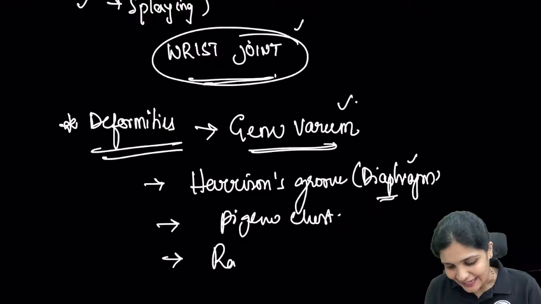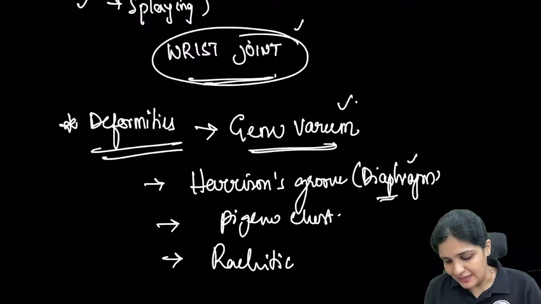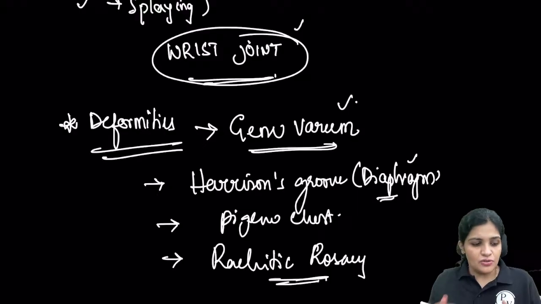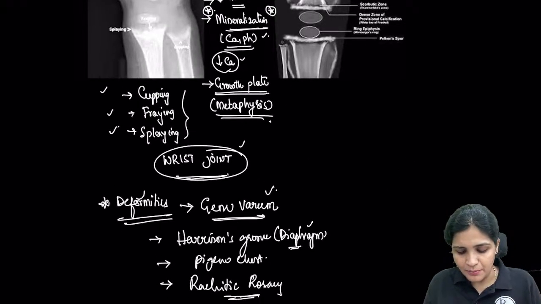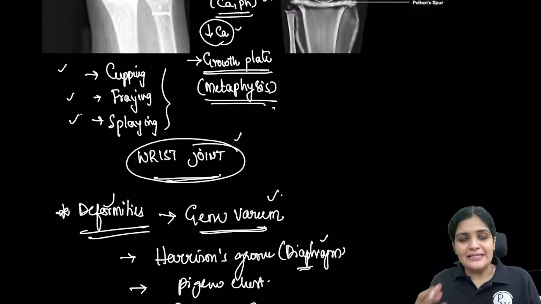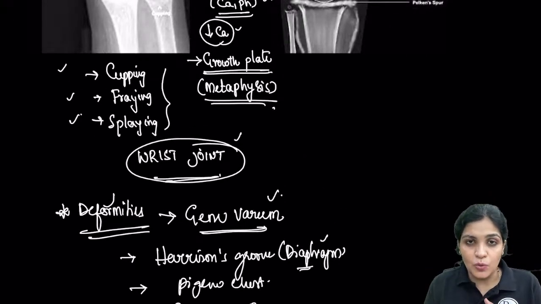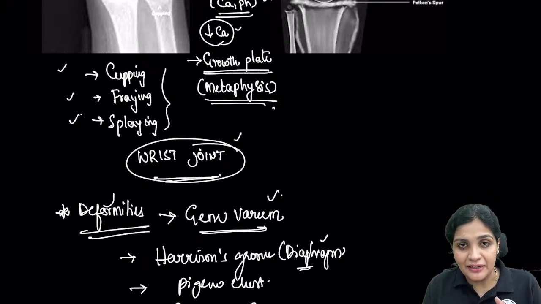Rachitic rosary. Very good. So they appear as the rachitic rosary. These are certain things which we see in case of rickets. So deformity is what you have to remember mainly, and then Harrison's groove, the pigeon chest appearance, and the rachitic rosary.